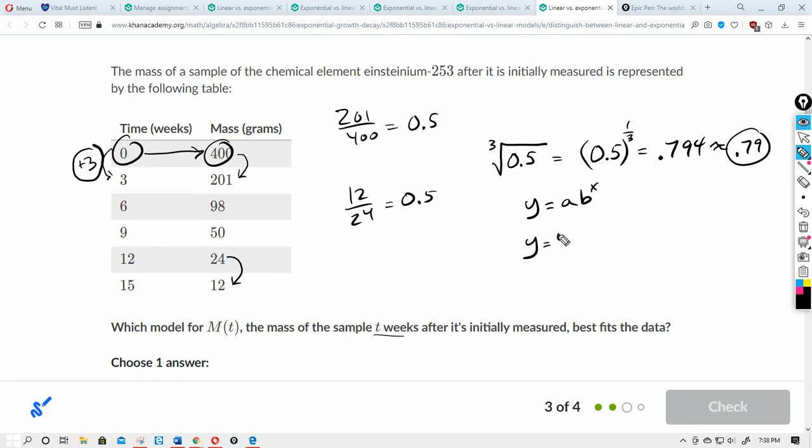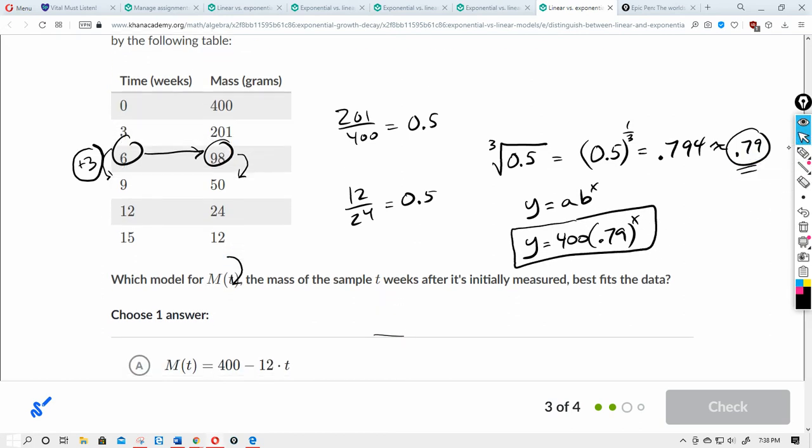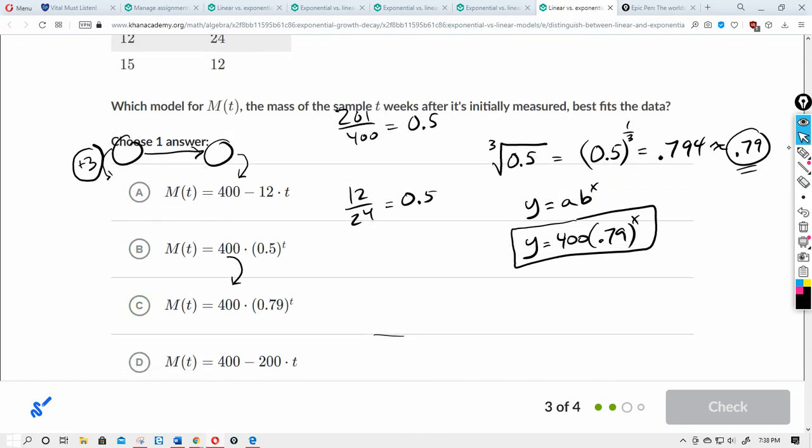So y is going to equal 400 times 0.79 to the power of x. And again, this x might be a t. So there you go. 400 times 0.79 to the t.